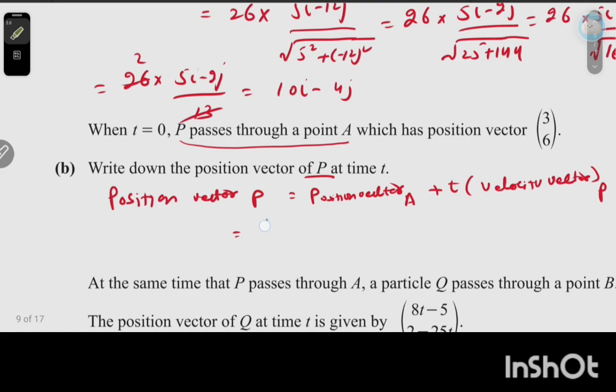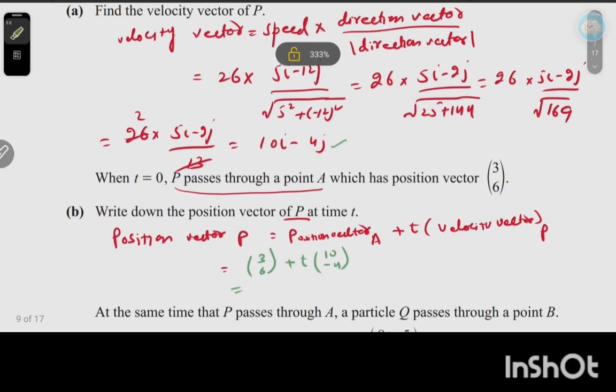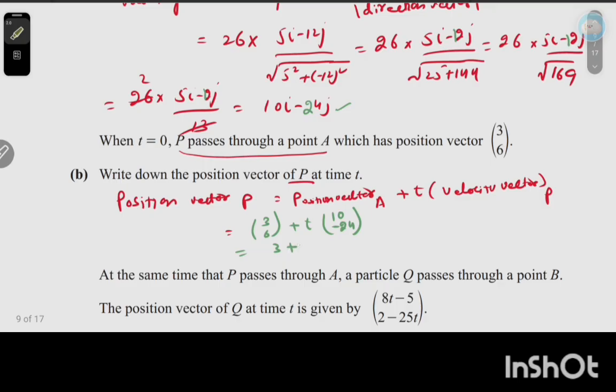The position vector of A is (3, 6), plus time multiplied by the velocity vector, which is 10i minus 24j. There was a silly mistake here: this is 24, so the second component is 24. So we get 3 plus 10t, 6 minus 24t.